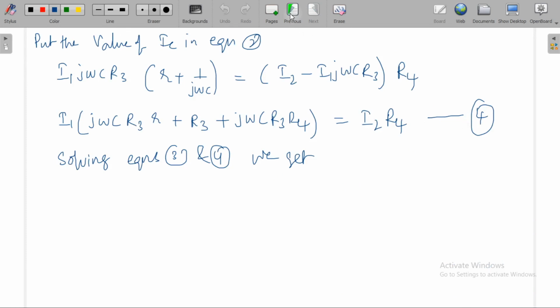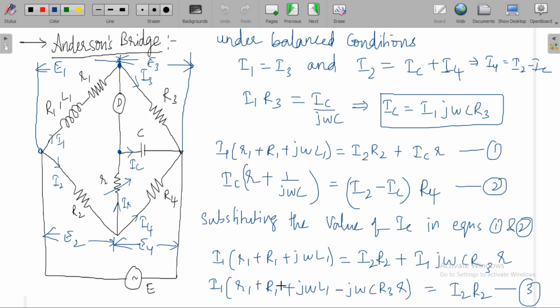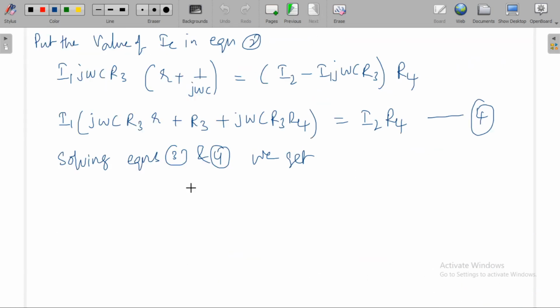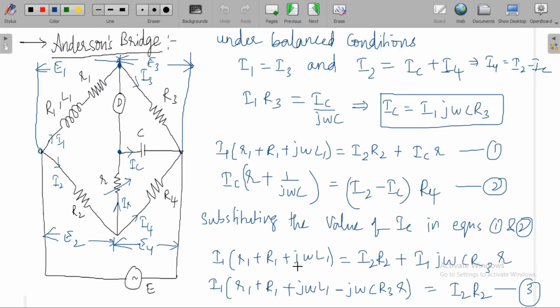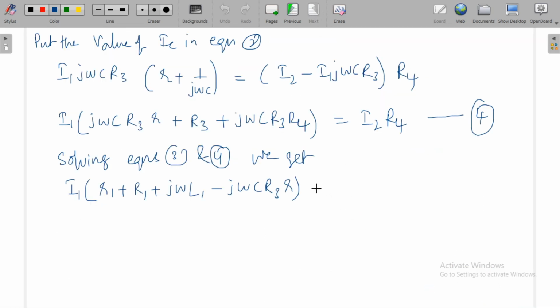So first let me write equation 3. Equation 3 is I1 into R1 plus j omega L1 minus j omega c R3 R, is equal to I2 R2.